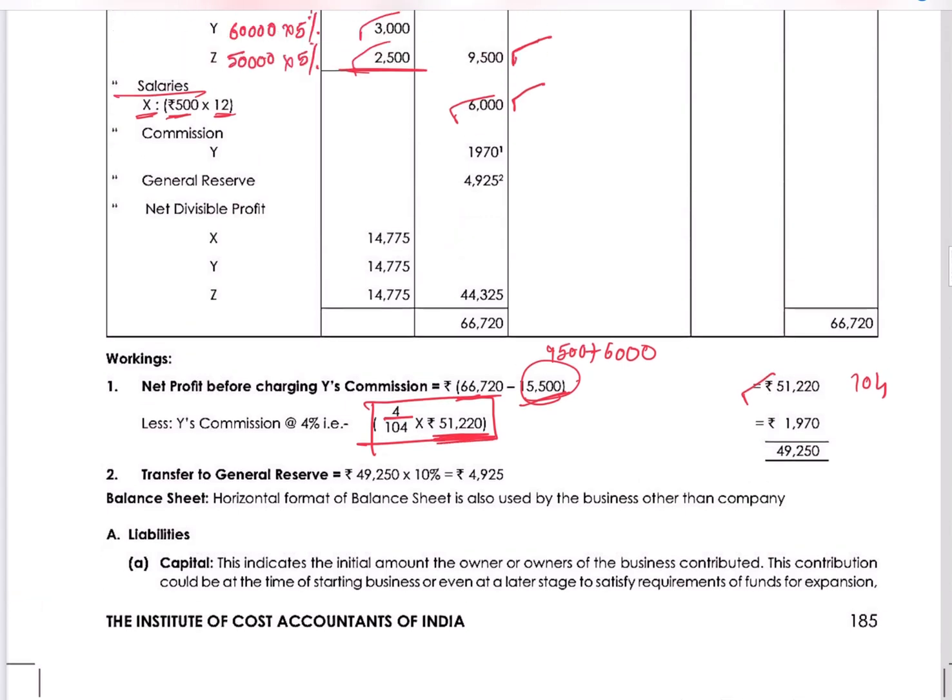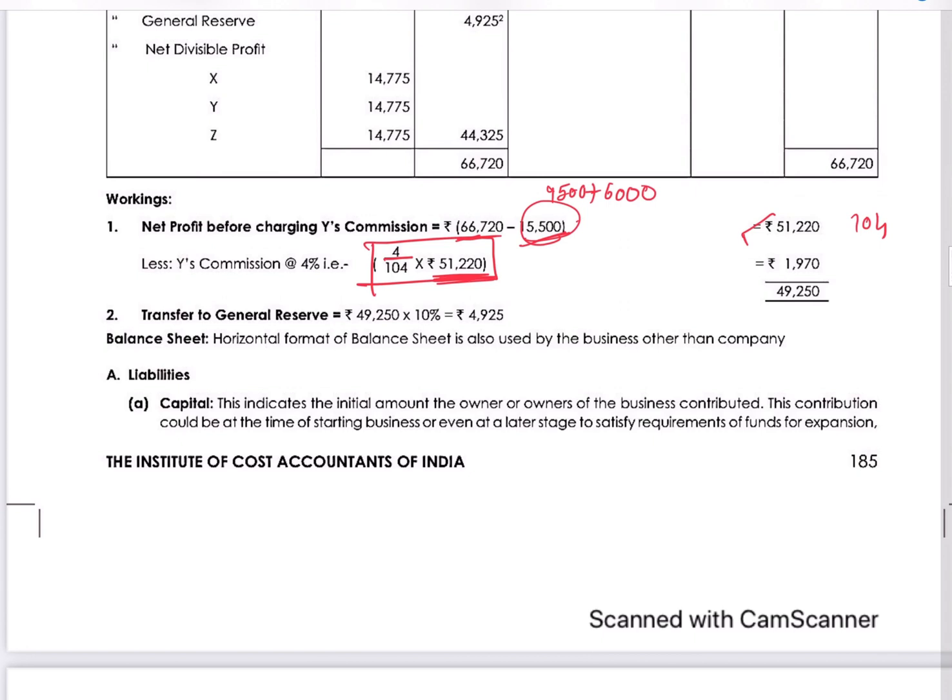Understanding? It's like saying that when my commission is 4 rupees, at that time my net profit before commission is 104. If my net profit before commission is 51,220, what should be my commission?